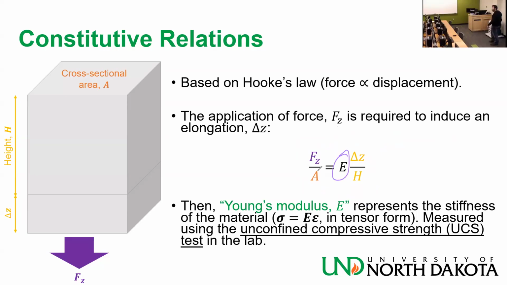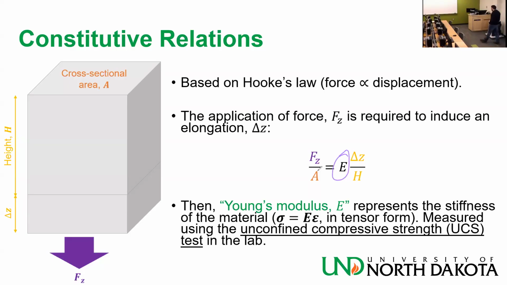We said dimensionless. So what would be the units of E, the Young's modulus? It's going to be PSI divided by nothing, or Pascal divided by nothing. It's going to be pressure units. Okay, so that's a measure of the stiffness of the material.